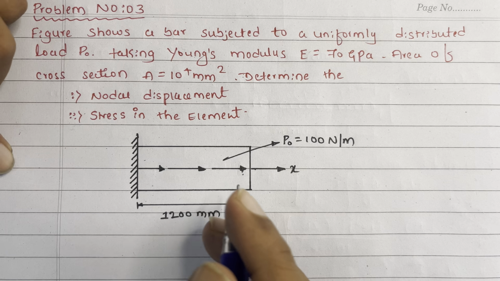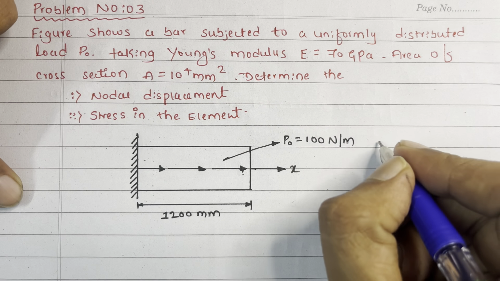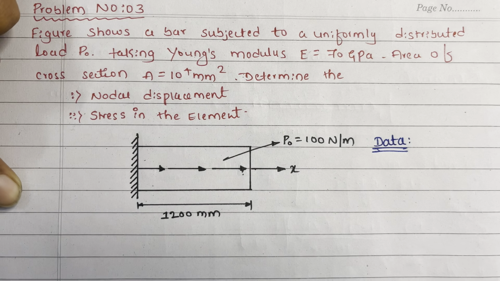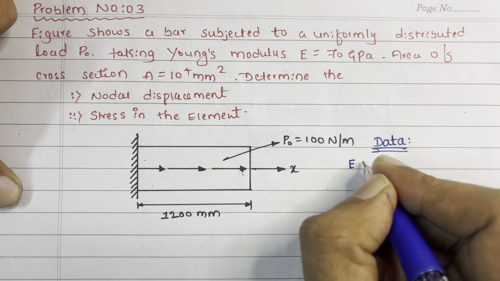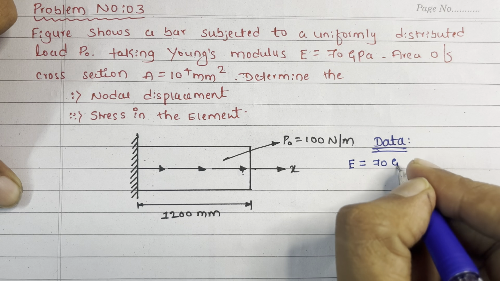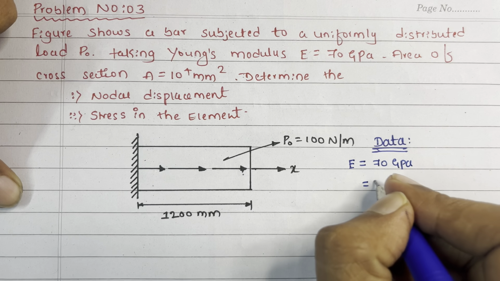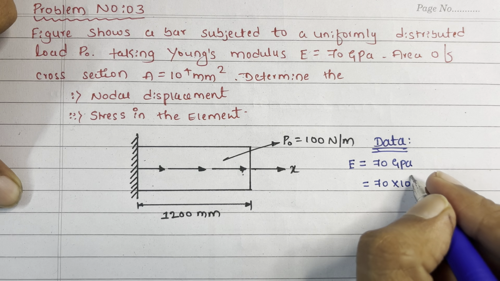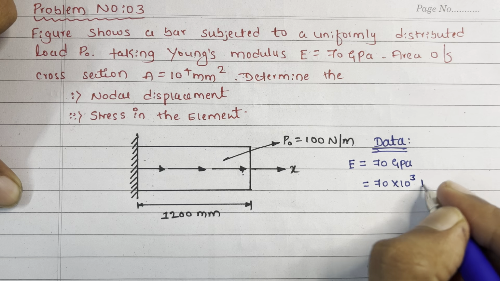So first I will write the given data. E, that is Young's modulus, is given as 70 GPa. After conversion we get 70 into 10 raised to 3 megapascal.